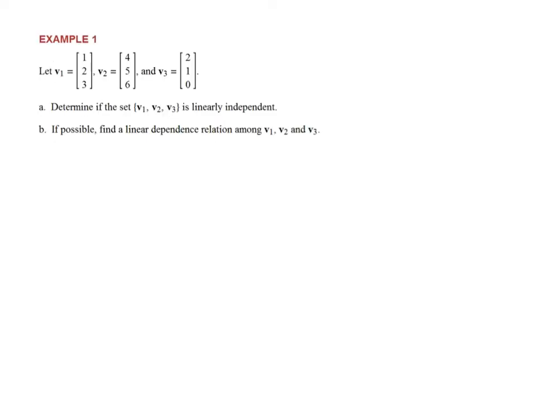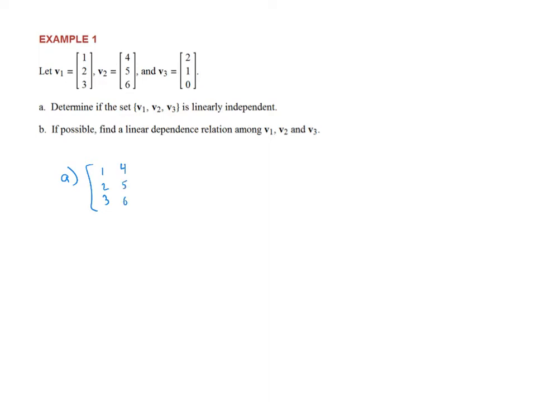Now let's look further at that definition. In this first example, we have v1 is 1, 2, 3, v2 is 4, 5, 6, v3 is 2, 1, 0. First question, is that set linearly independent? And if you're wondering procedurally what to do here, the first step is to write a matrix, 1, 2, 3, 4, 5, 6.